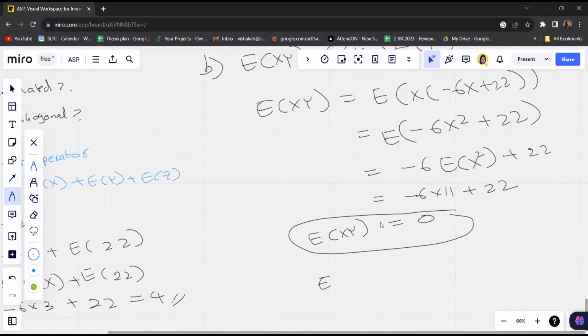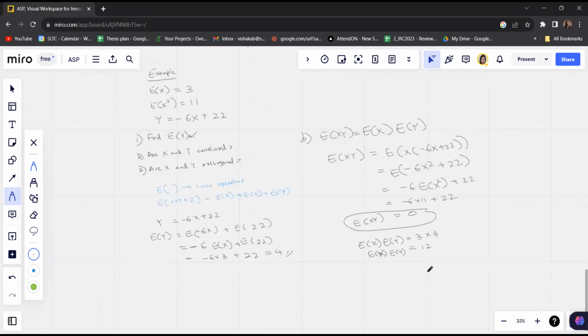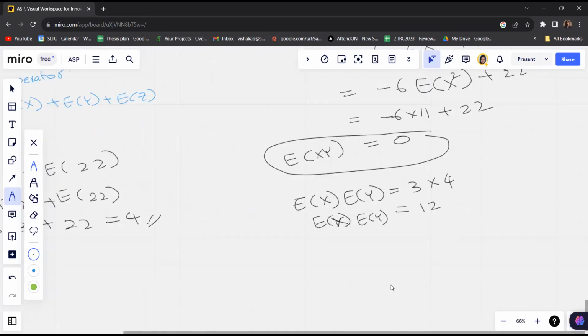You need to calculate whether this is equal to the E[X]E[Y] product. So E[X] is equal to 3 and E[Y] we found earlier is equal to 4, and this is equal to 12, and this E[X]E[Y] is not equal to E[XY], right? And because of that we can say they are not uncorrelated, sorry, they are correlated.